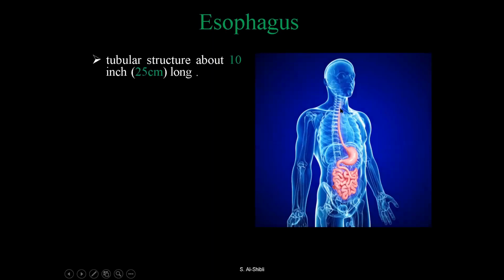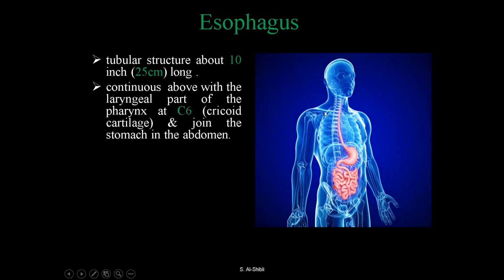It's just a tube, about 25 centimeters in length, starting from C6, a very important landmark, the cricoid cartilage that lies at the level of C6, and joins the stomach in the abdomen. It passes through the diaphragm at the level of T10, that means thoracic vertebra number 10.